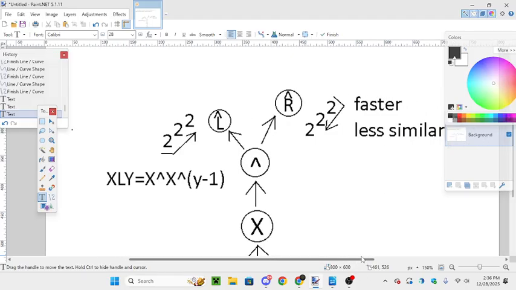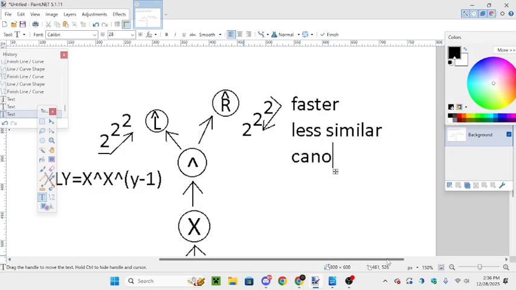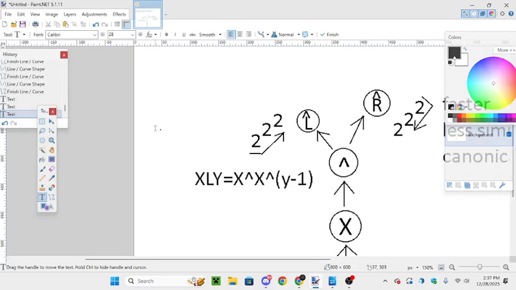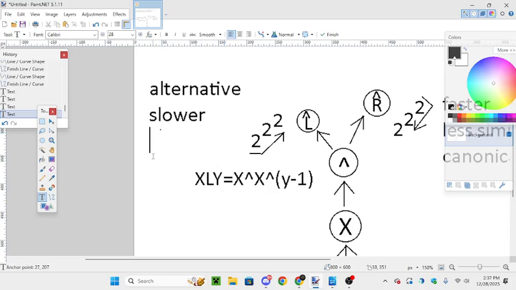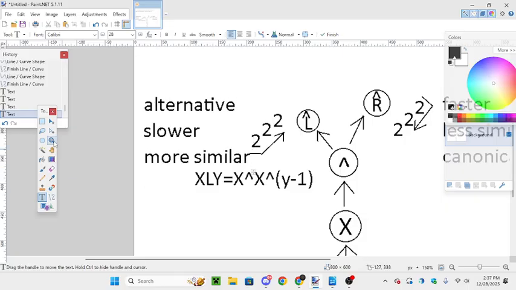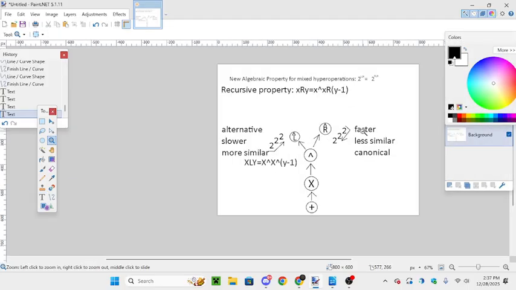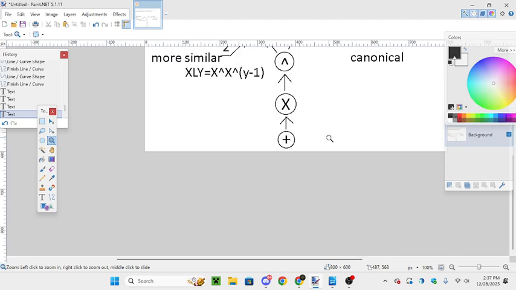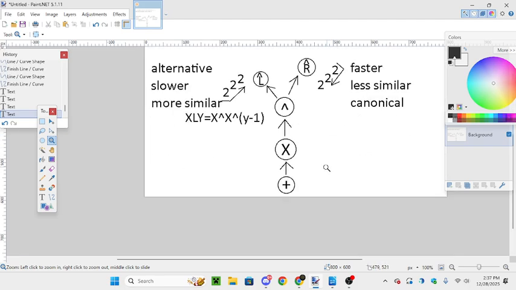And so the right operations are often considered something like the canonical hyperoperations, whereas left operations are considered alternative, slower, and more similar to previous hyperoperations. But they aren't just more similar to previous hyperoperations, they also turn out to be more similar to one another.